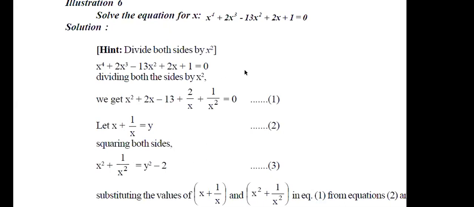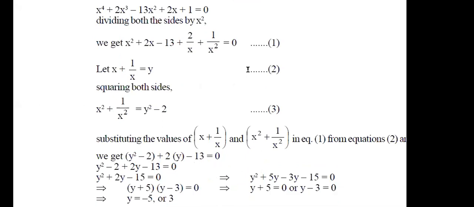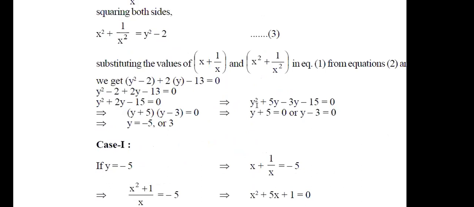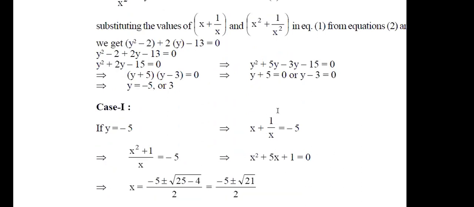If we divide this by x square, we get an equation similar to the previous one, where x plus 1 by x can be taken as y and x square plus 1 by x square can be written as y square minus 2. Now we will just put in the value and solve it. After this, we can find the value of x and y.